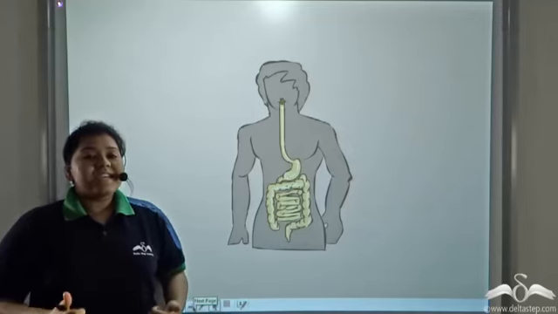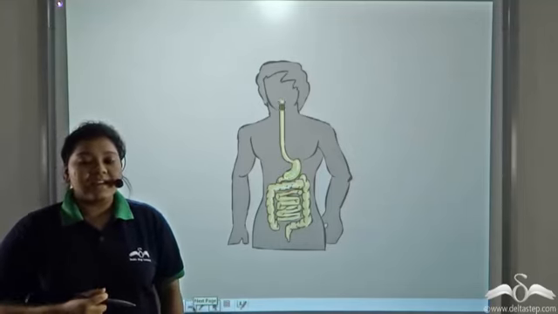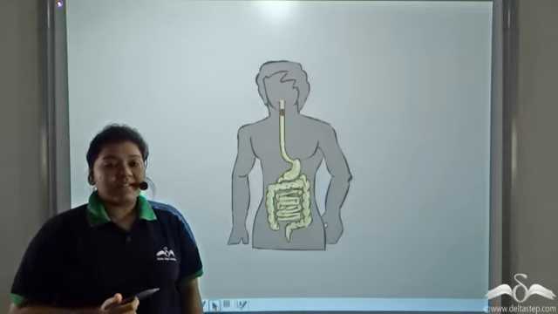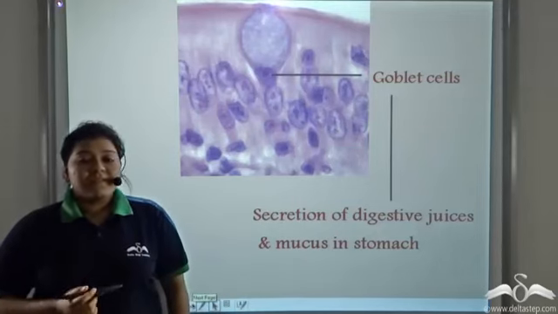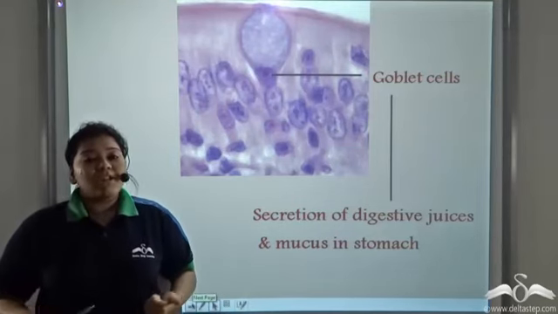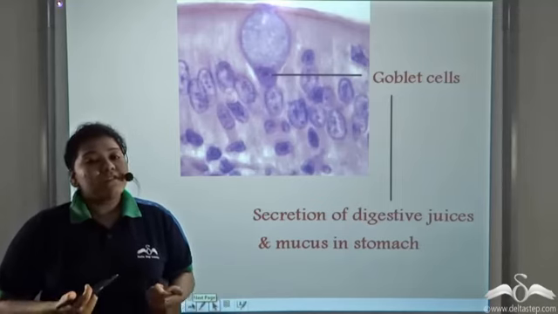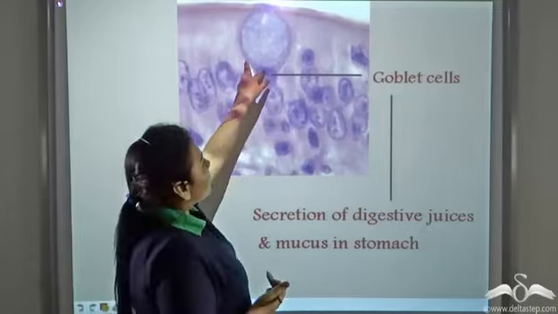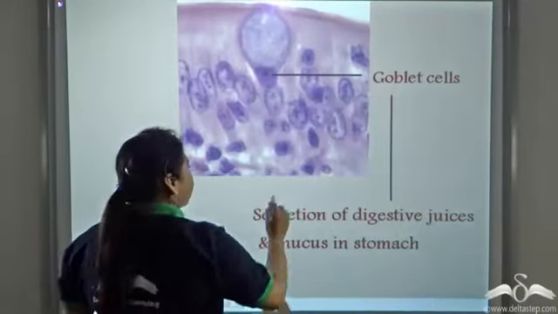Now, after eating, within some time, we feel hungry once again. So what is happening to the food inside the stomach? Well, some of the columnar epithelial cells present in the lining of the stomach specialize to form cells like these, which are known as goblet cells.